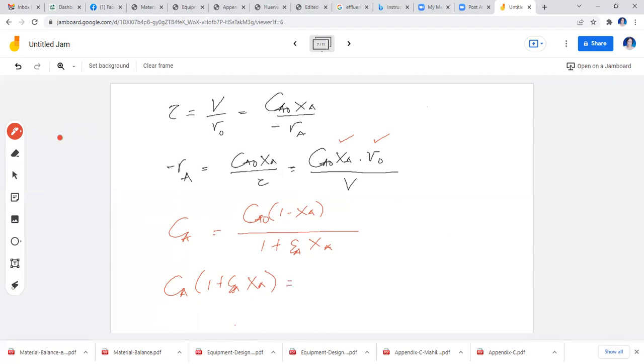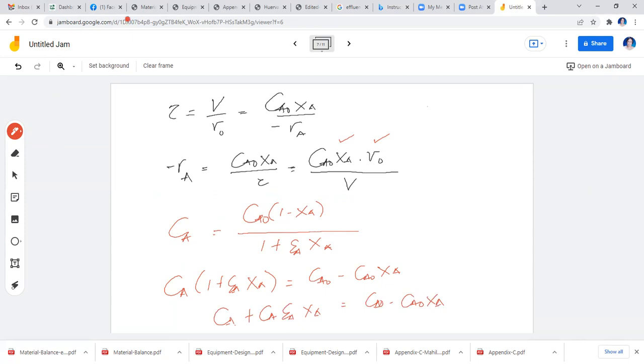So you'll have here CAO minus CAO XA. On the left side, you have CA plus CA epsilon A XA, and you have here CAO minus CAO XA.